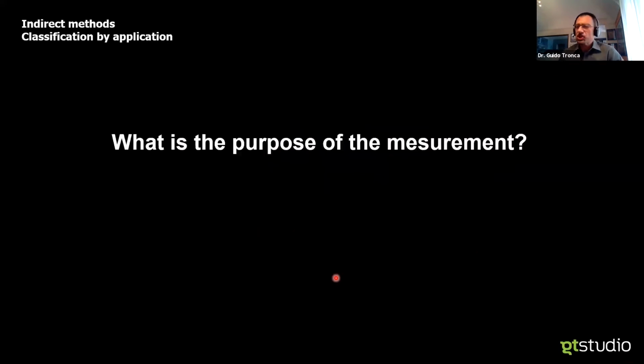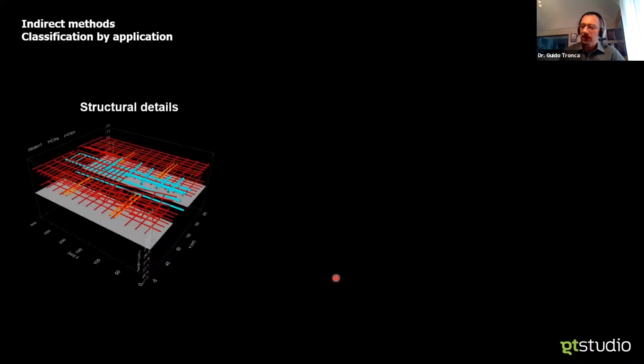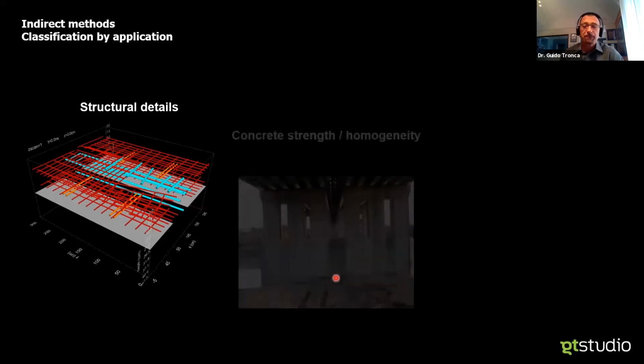Okay, so this is just a warm-up, but probably more interesting is a classification by application. Now we'll be picking from the different boxes of physical principles the tools we need for our specific purposes today. The specific purposes we'll be talking about are the structural detail, in broad terms highlighting geometry and even embedded objects and defects of a given structure.